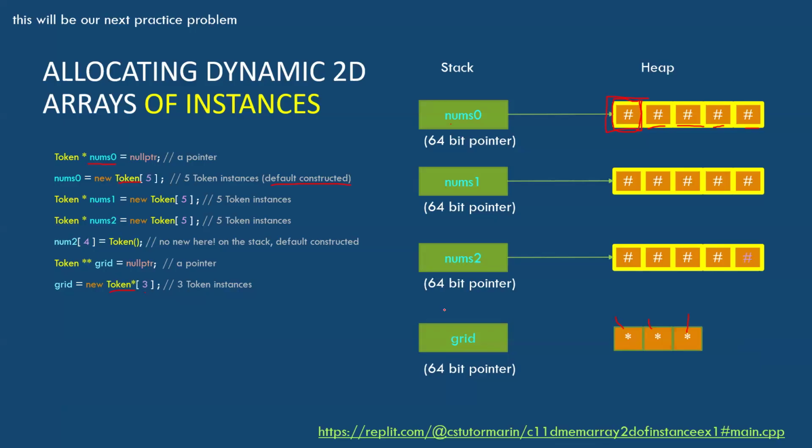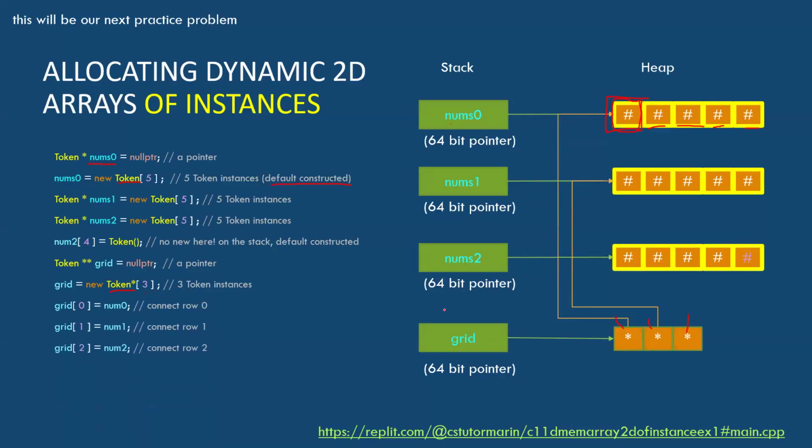So grid is pointing to that little connector, which we can then hook up to all of these individual rows, right? And now, similar to the last one, but now we have the ability to go in there and copy over the top of it with an entire instance of a token if we want to. Or we could reach into the existing tokens and change one of their attributes or their properties or data members.